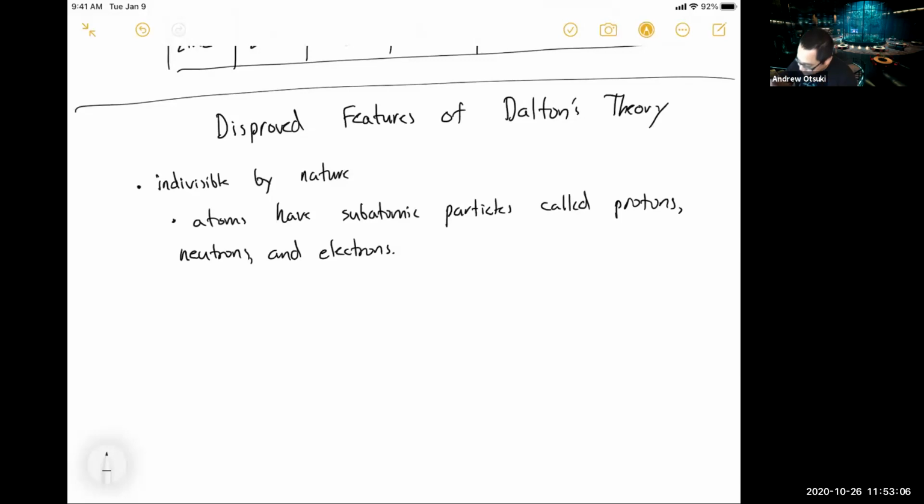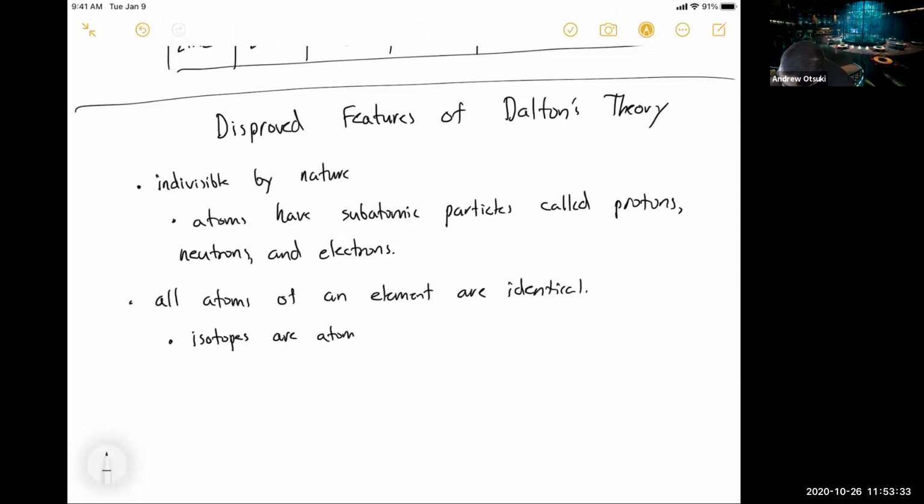Also, to prove that all atoms of an element are identical: well, this is not true because isotopes are atoms of the same element which have different masses.